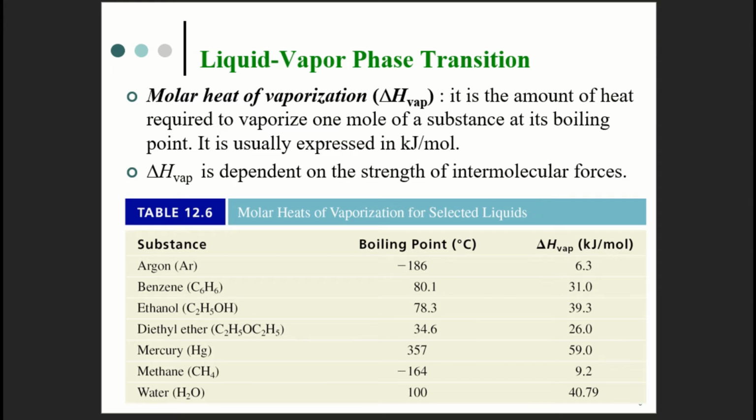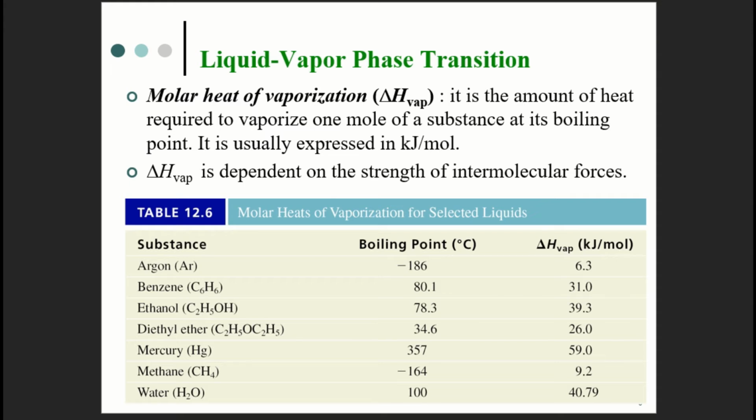And we have here a table that shows us the different molar heats of vaporization for selected liquids. So at a specific boiling point, we have a standard value for the molar heat of vaporization. Again, take note, this standard value represents the amount of heat required to vaporize 1 mole of a substance.